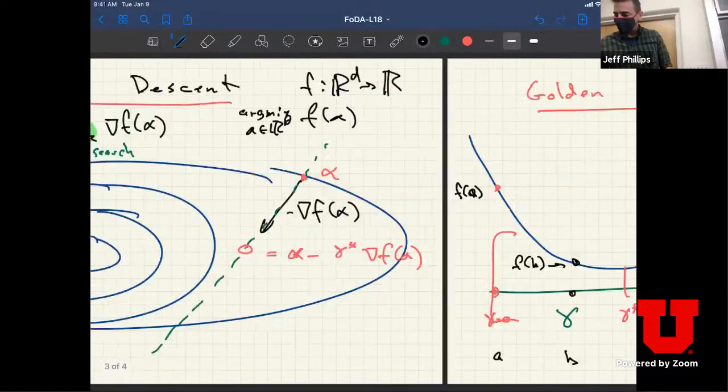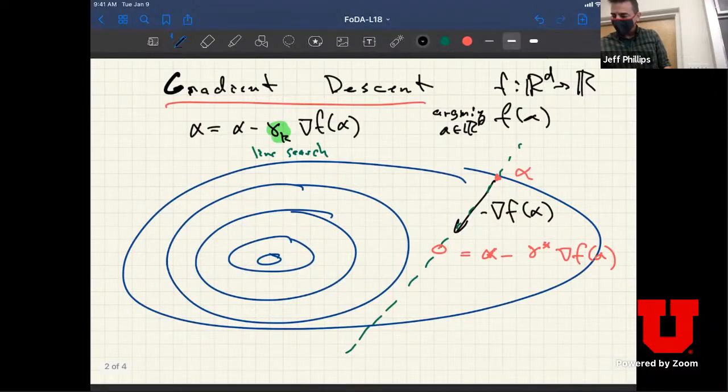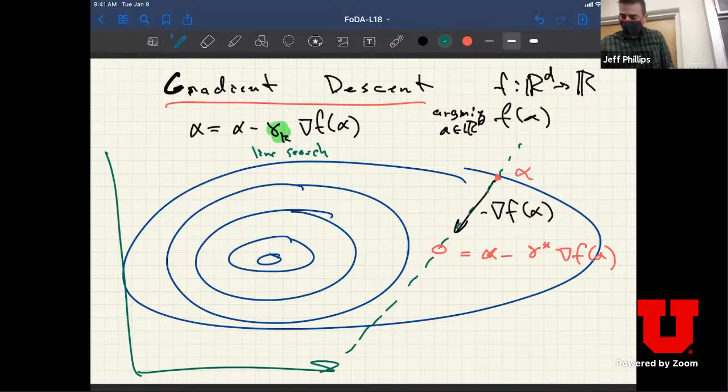Looking at this function, if we're at a point, this is in R2 in this example, I get a direction that I can subtract from a point. It gives me a vector, so it's in the same dimensionality as the space here.